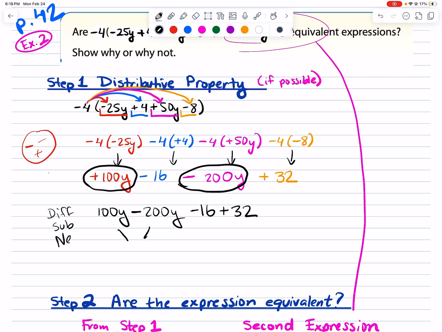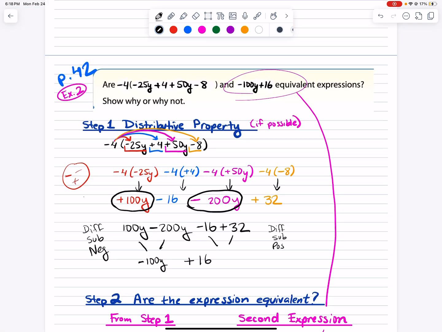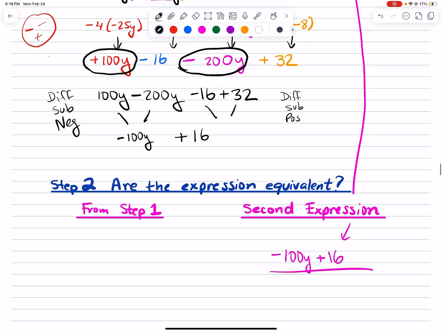I'm going to subtract, and the bigger number is negative. So 200 minus 100, that is negative 100y. And then 32 minus 16, they are different signs. I'm going to subtract, and the biggest number, 32, is positive. So 32 minus 16 should be plus 16. There you go.